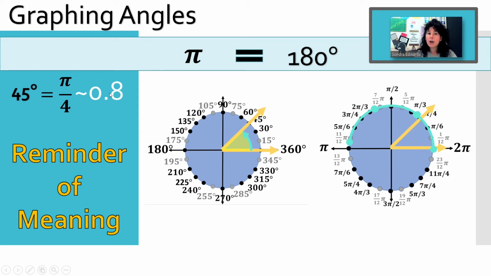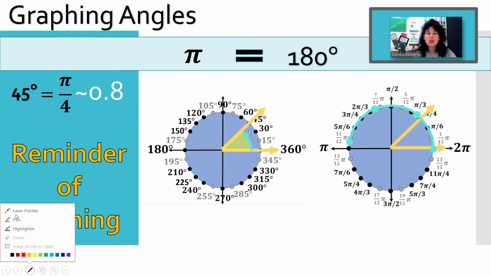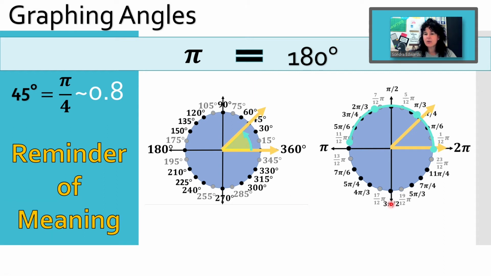And we only want to go a little bit less than 1 radius, because 0.8 is a little bit less than 1 radius. So the angle that captures that span is right here to here. And I wouldn't have to convert to degrees.